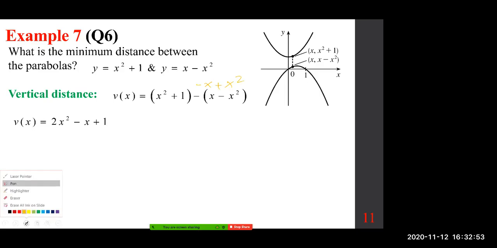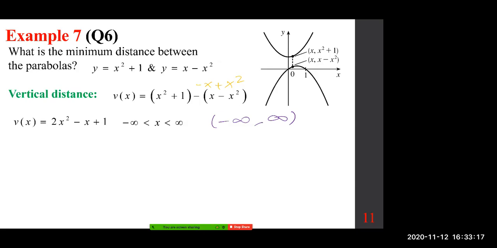We are distributing. Sky is the limit. We don't know what x is, but x can be any number, class. We can write from negative to positive infinity because there is no other restriction. Any point along the x-axis will do the job, and we don't know that.